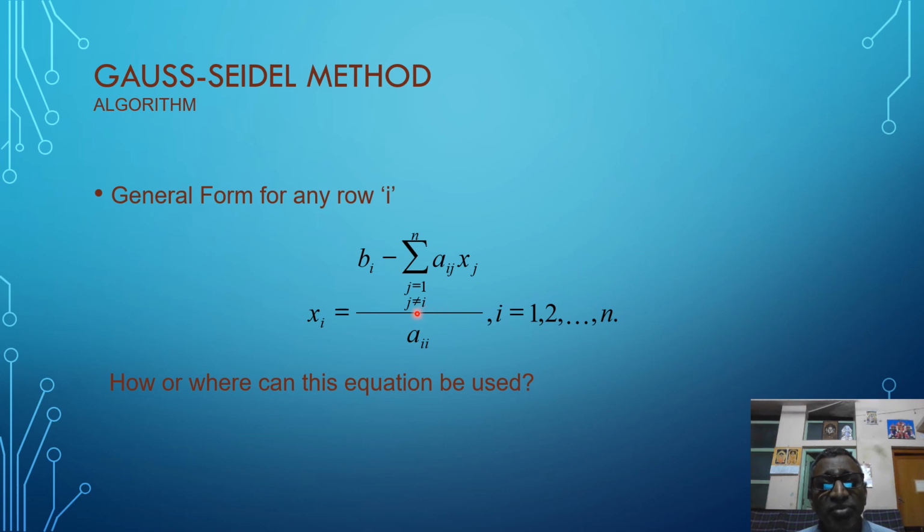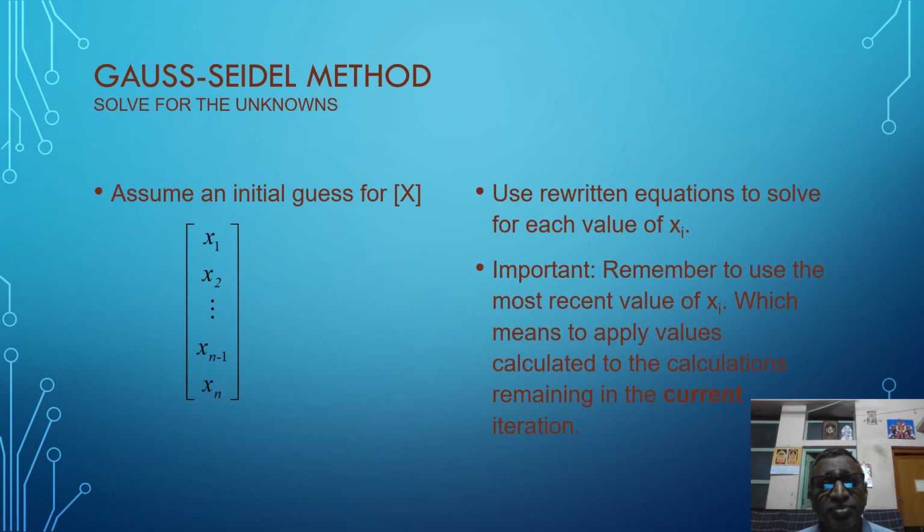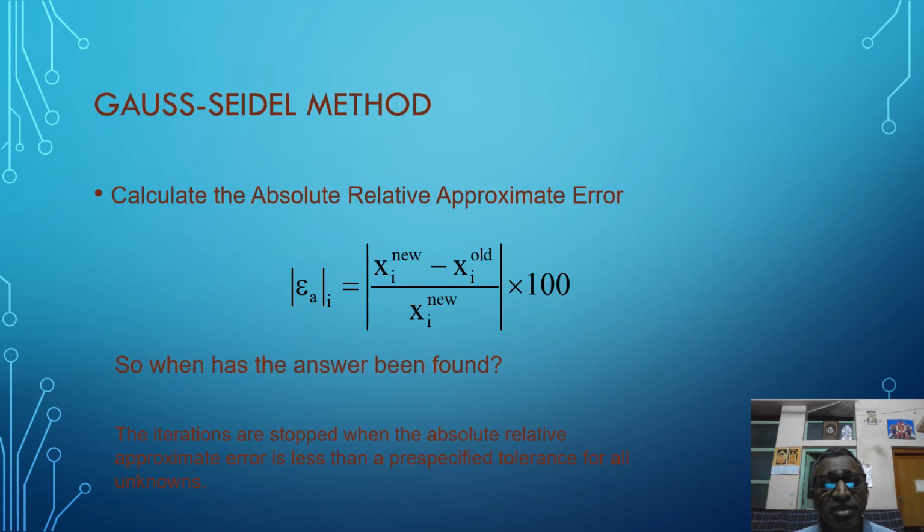The ith formula is xi is given by, as before, bi minus the sum of aij xj divided by aii, and so on. And the same initial guess, I am taking x1, x2, up to xn minus 1, xn.